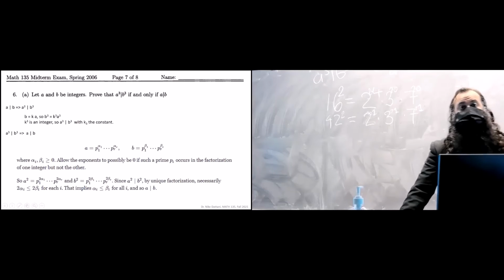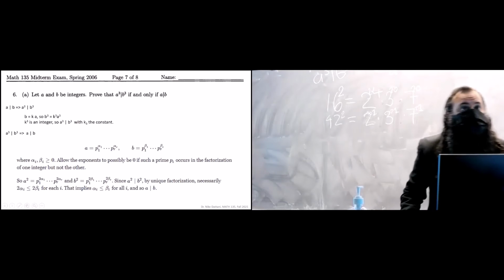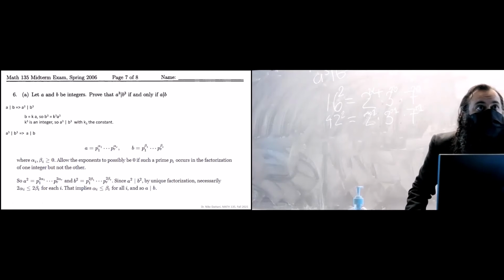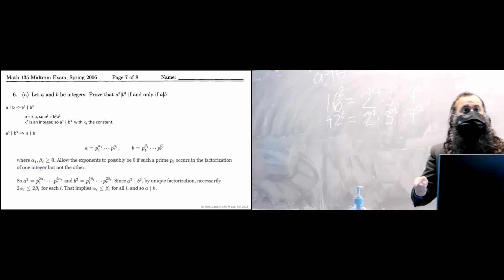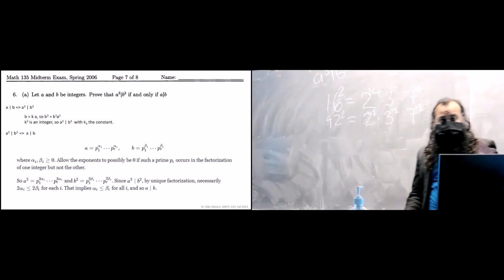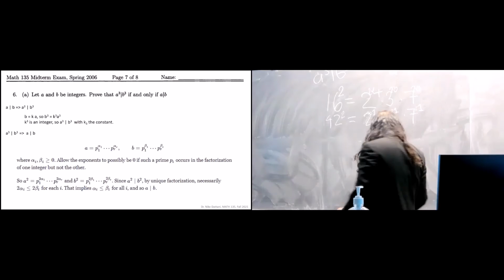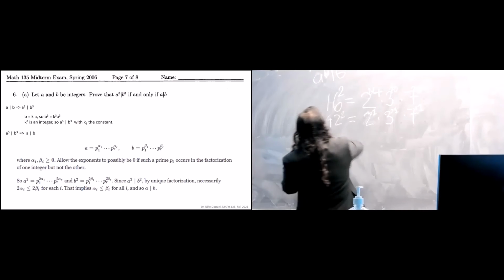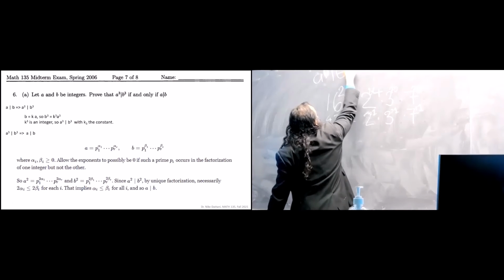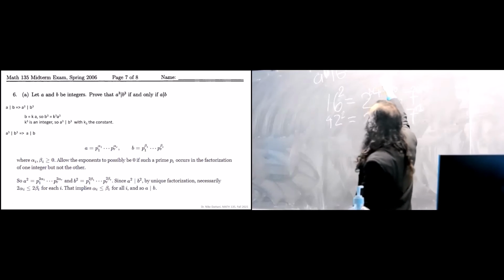Now, if you're doing this type of problem at home, why is it squaring rather than cubing? All right, so this proof works even if you wanted to prove that a to the n divides b to the n implies that a divides b.